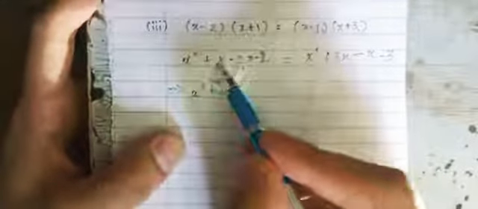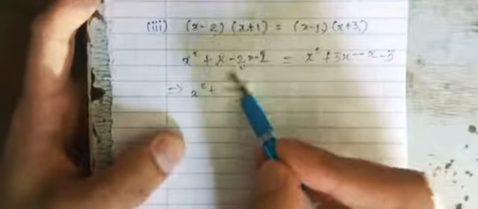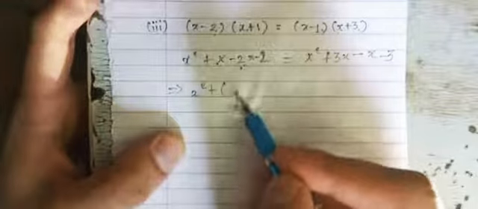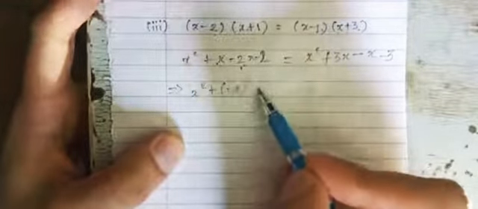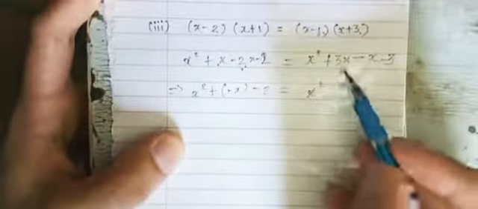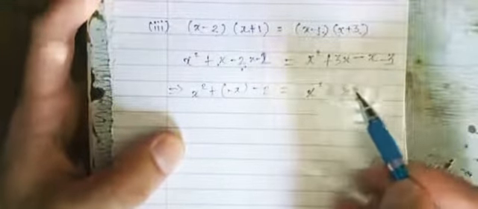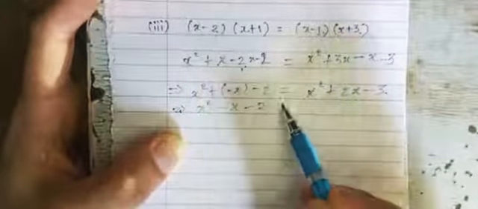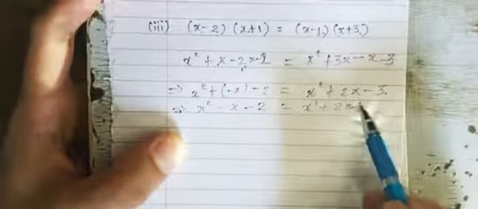Now after simplification, x square plus x minus 2x, so it will become negative x. Then minus 2 as it is, equal to x square, 3x minus x becomes 2x, and minus 3. So it will become x square minus x minus 2 is equal to x square plus 2x minus 3.